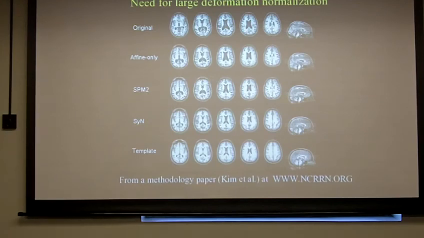So we need a large deformation normalization scheme. I mentioned that the SPM2 optimization protocol takes something like 1,000 parameters, but in a large deformation normalization scheme, it goes to millions.